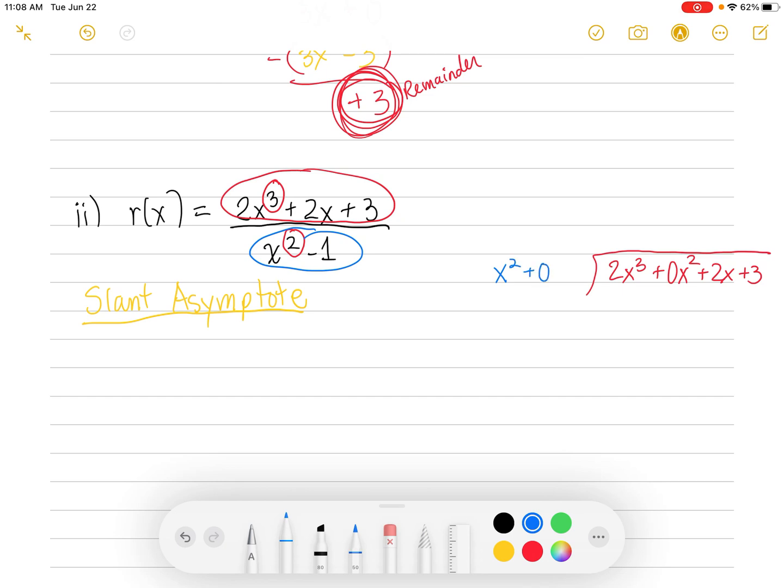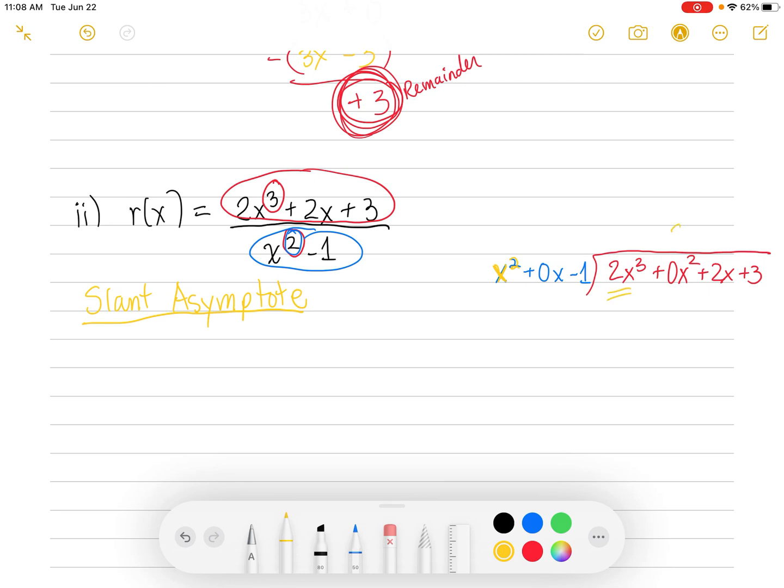And beneath that, I'm going to put this x squared minus 1. We're going to put x squared plus 0x minus 1. There wasn't an x term in that blue denominator, so I just put a 0x.